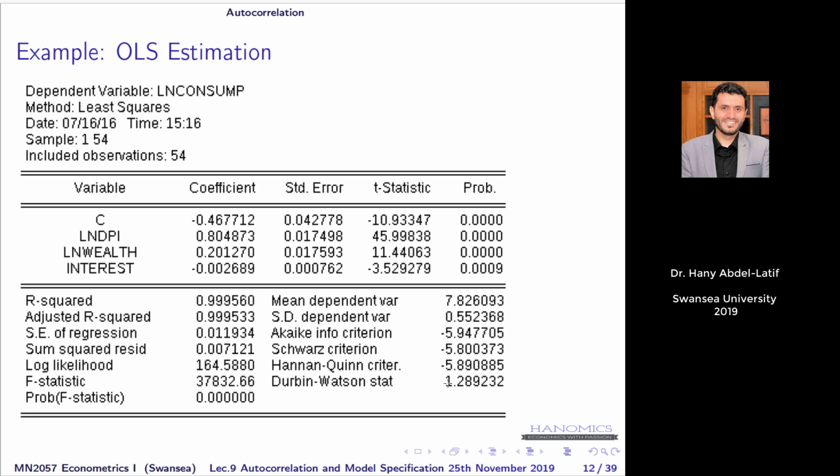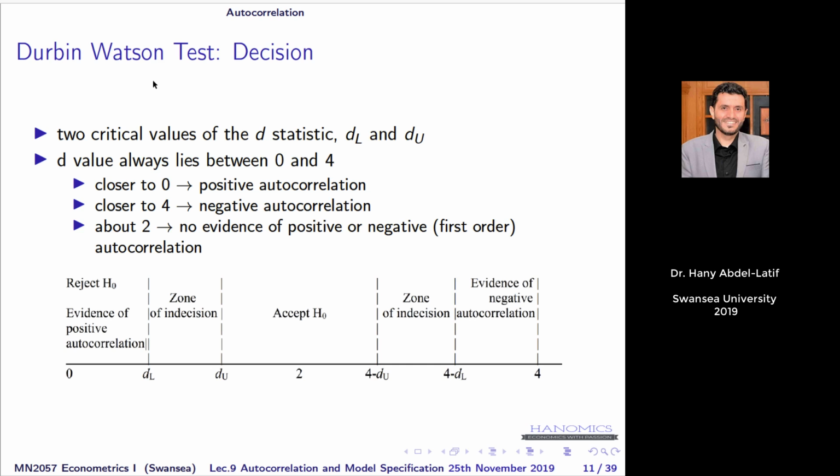So now we want to obtain the critical values so we can compare and see exactly which region this value lies in. Is it in the positive correlation region? Is it close to 2, so we can conclude that there is no autocorrelation? Or is it close to 4, so we conclude that there is negative correlation?